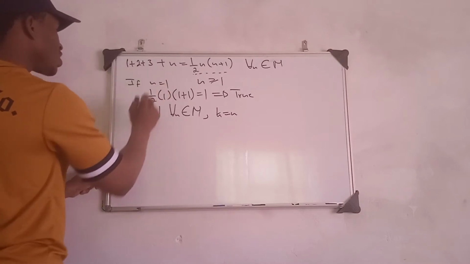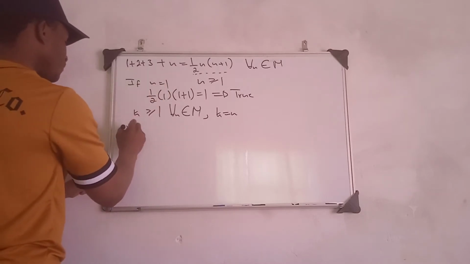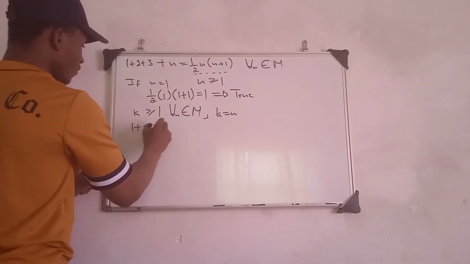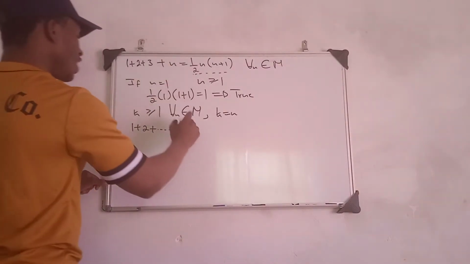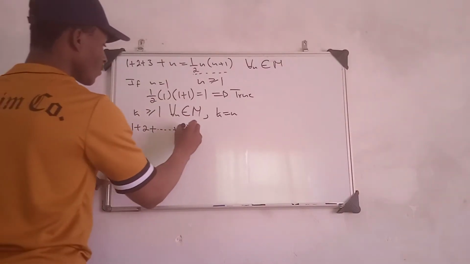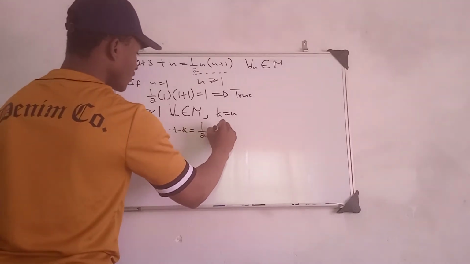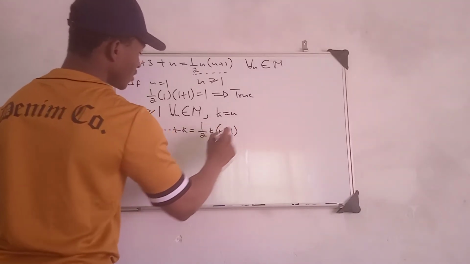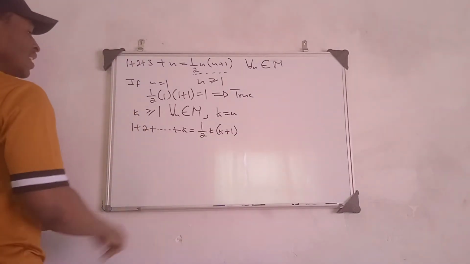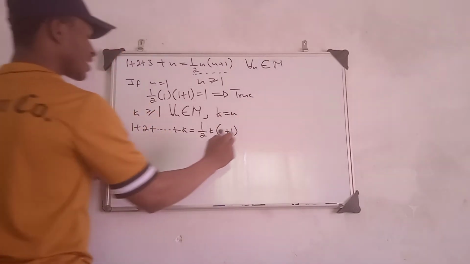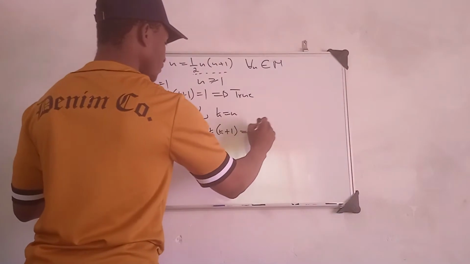So this is the series that we are having. Where we see n, we add k. Even this side, we add k. This is what we are having. And this is our inductive hypothesis.